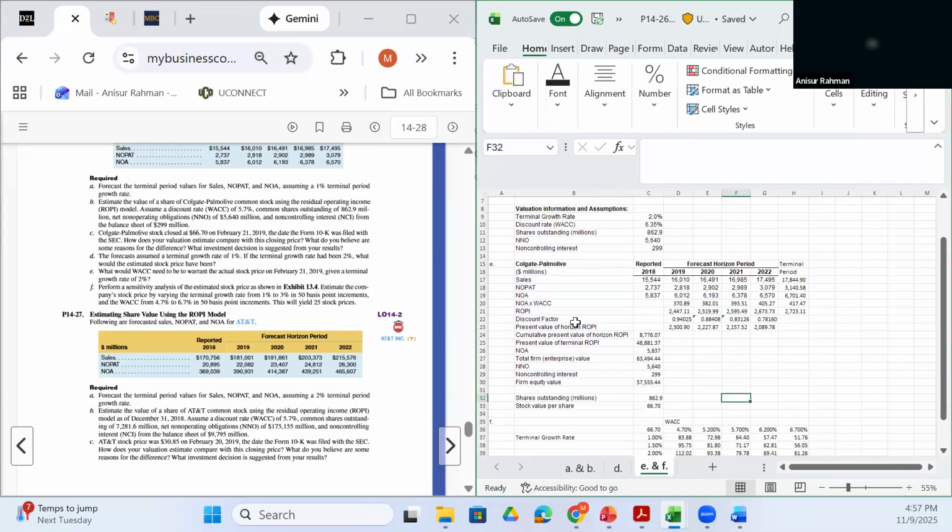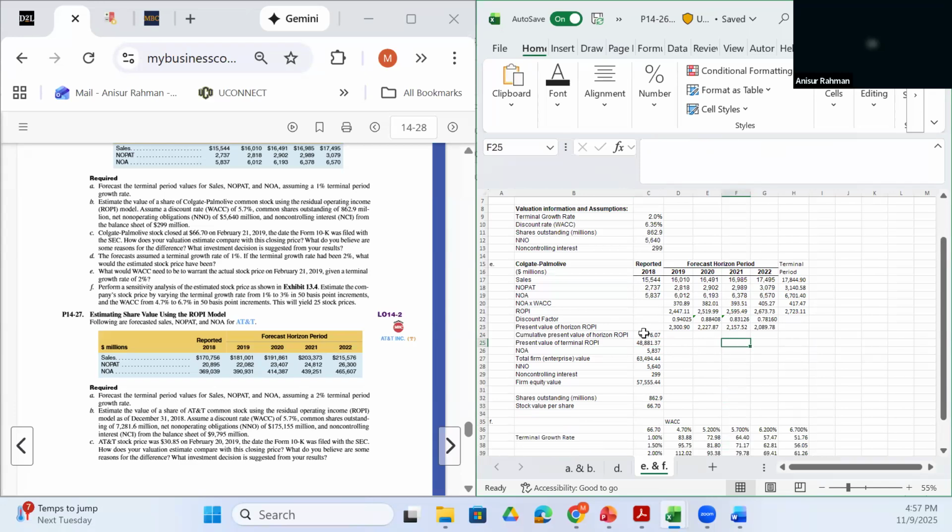For example, here, we want to calculate the cumulative present value of horizon ROPI and the present value of terminal value ROPI, right? We calculated these values here.